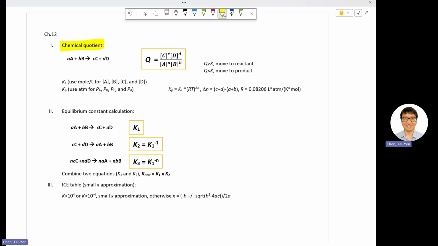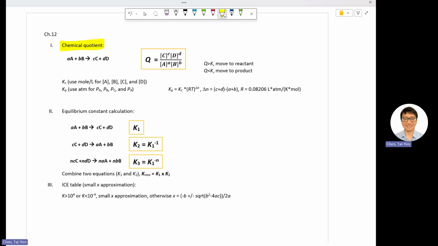If you look at the equation, Q equals C to C's power times D to D's power over A to A's power times B to B's power. It looks exactly like your equilibrium constant, right? So what's the difference between the two?